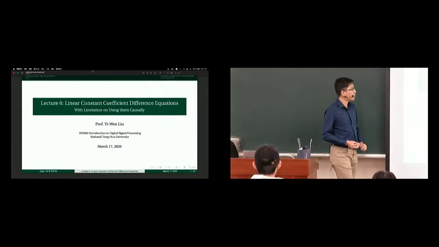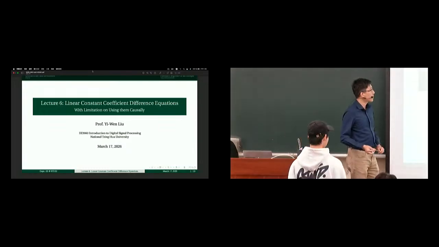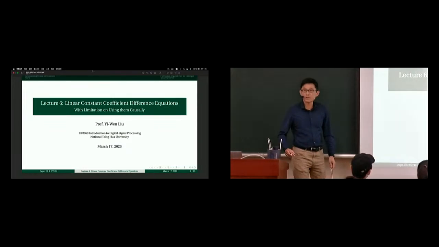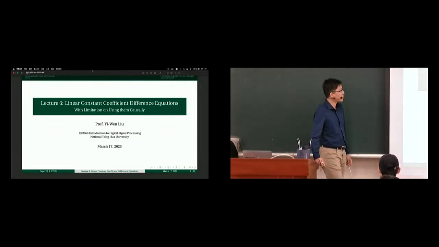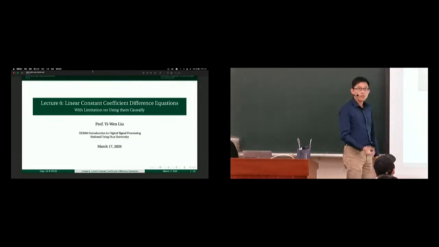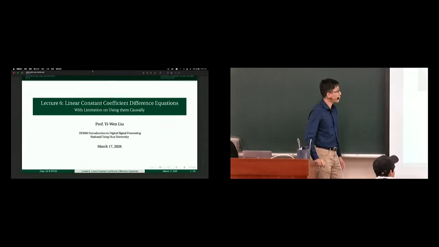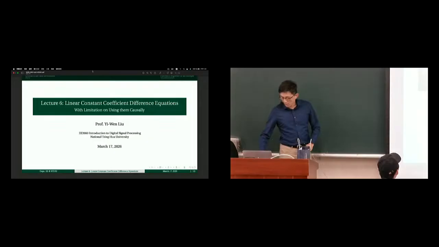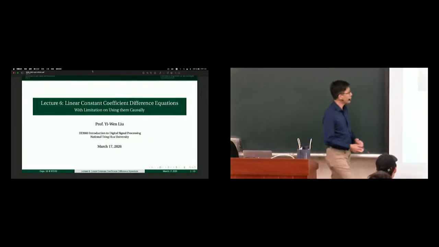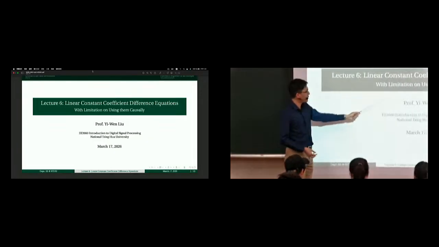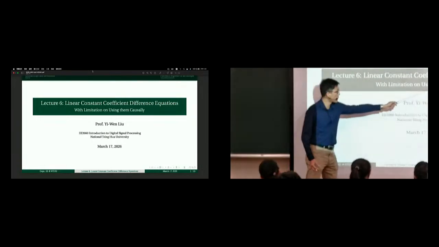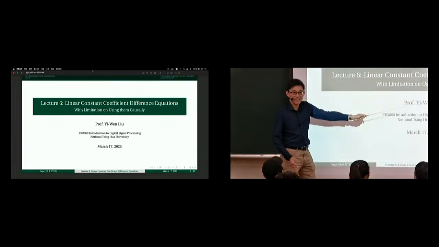We will learn how to solve LCCDE, linear constant coefficient difference equations. Difference equations are the core topic of this course, and we need to learn how to solve them using the Z transform. Here is a note. When we look at a difference equation, we interpret those equations not casually, but causally.